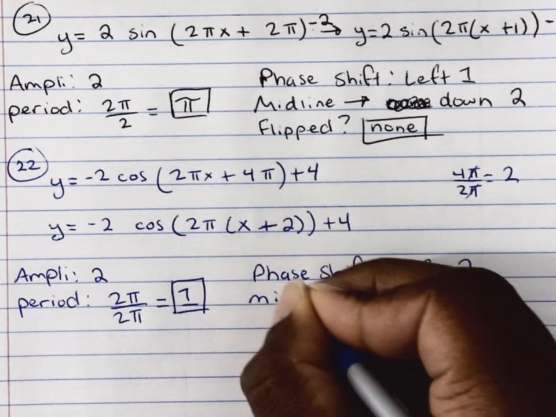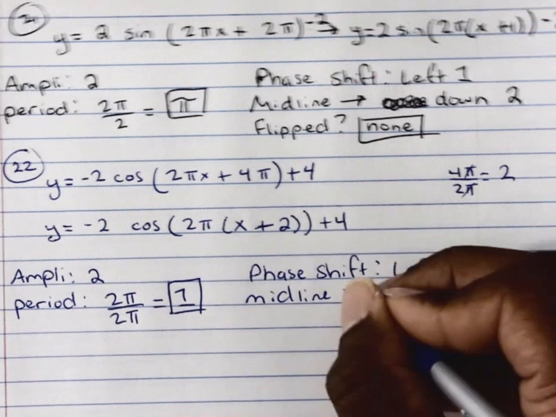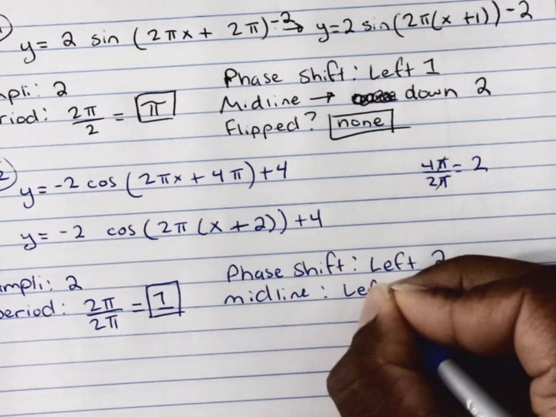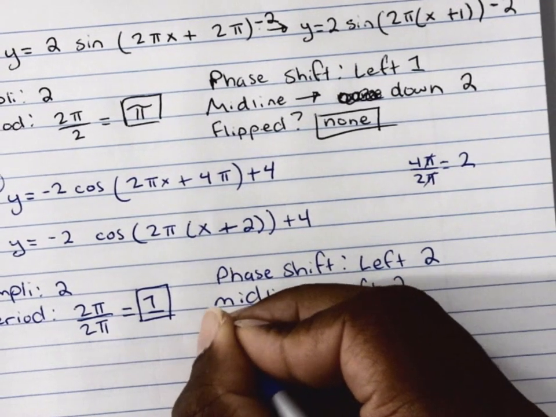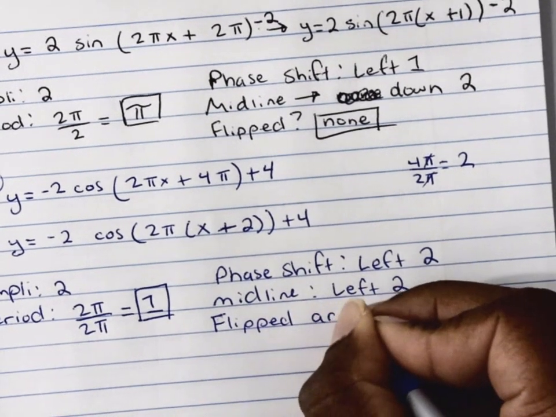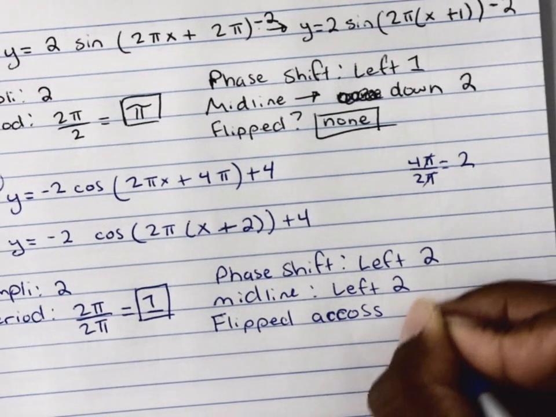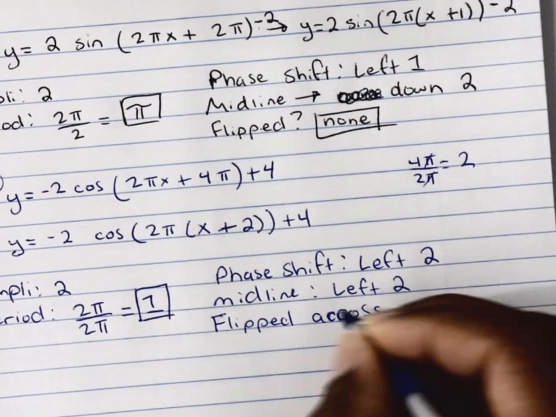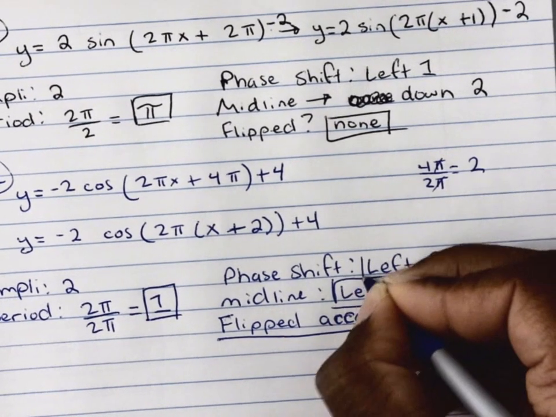And then midline. Midline shift is the opposite of plus 2, so left 2. And I do have a reflection. It is flipped across the x-axis, since the 2 in front is negative.